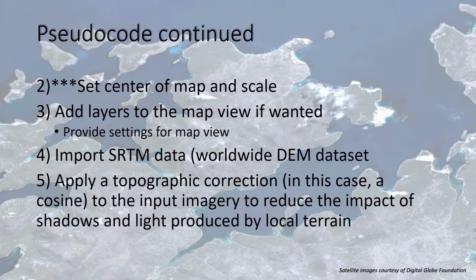We don't really need it so much for this stuff, but there's what's called a topographic correction, and we use a fairly common approach called a cosine correction.